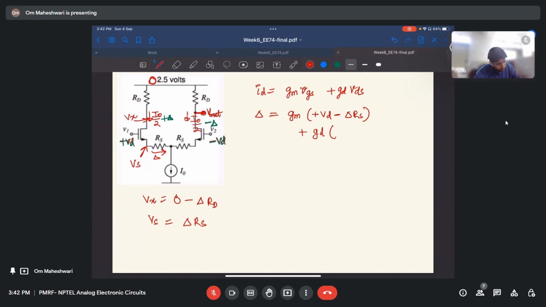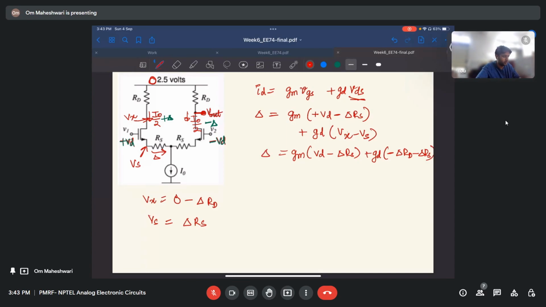So VDS is Vx minus Vs. So delta equals GM (VD minus delta RS) plus GD (minus delta RD minus delta RS).